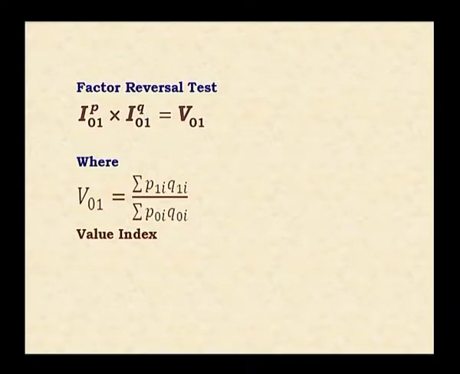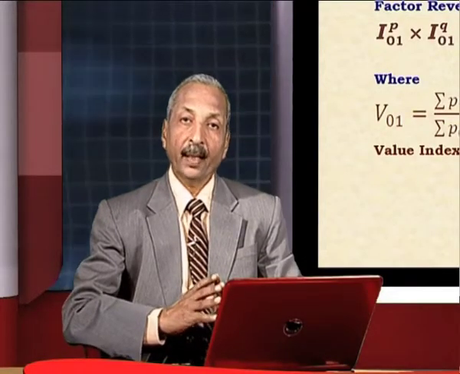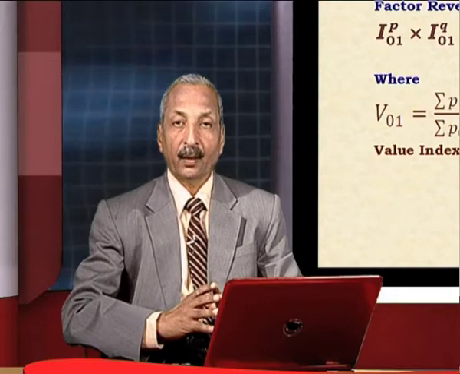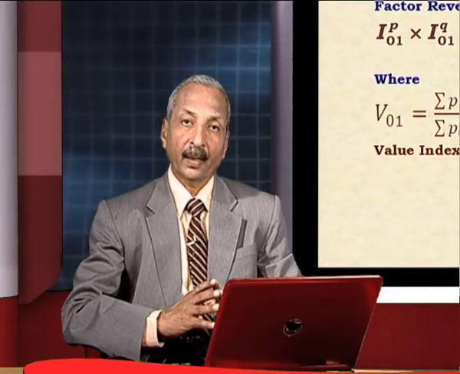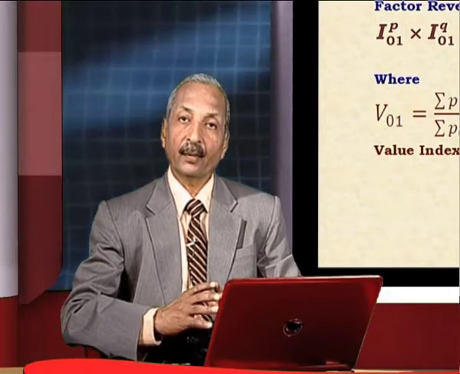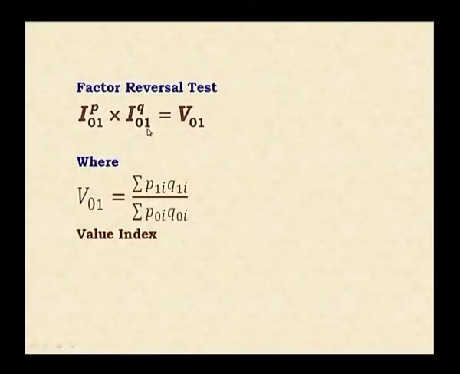That is, if we are using Fisher's ideal index number, then for price also we use the same index number, and also for the quantity index. Only thing is that in place of the prices we shall replace the quantities, but we shall use the same formula given by the same author while calculating the I01P and I01Q. So, the product of this must be equal to V01, where this V01 is equal to sigma P1i times Q1i divided by sigma P0i times Q0i, and this is known as the value index.